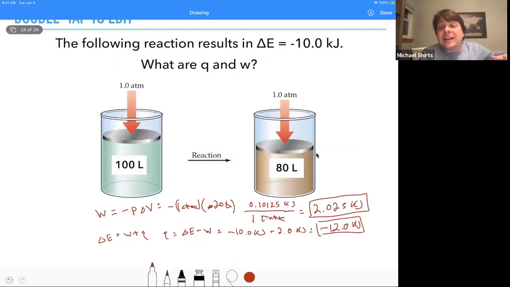So if it loses energy, it has to lose not just the energy that was added by work, it has to lose the rest as well. So it has to lose more than 10 kilojoules because energy was added by work. So that is why the heat has to be greater. It's minus 12 to overcome the work done, in order for delta E to equal minus 10, making these calculations quantitative.